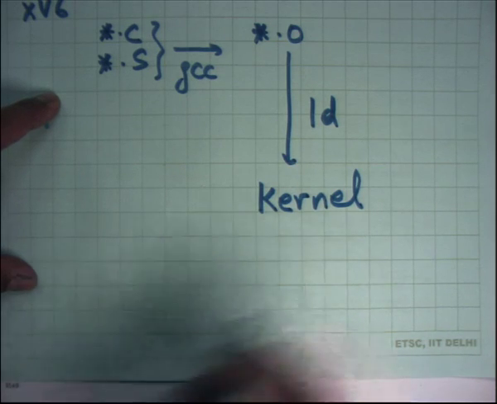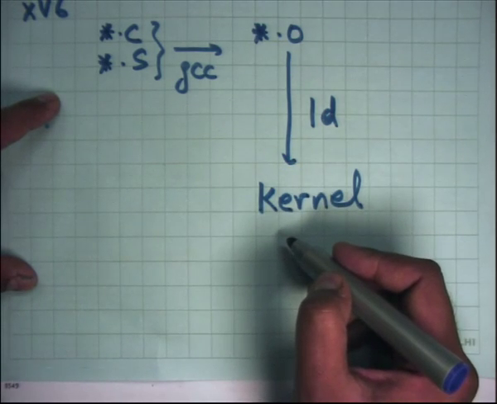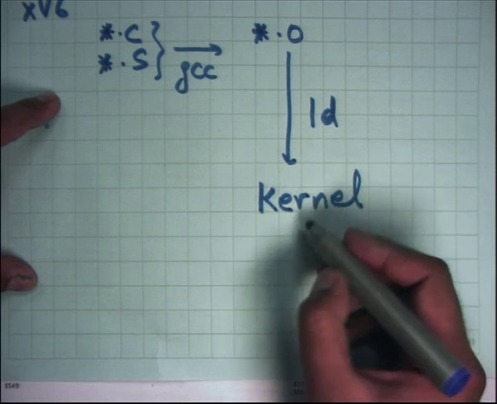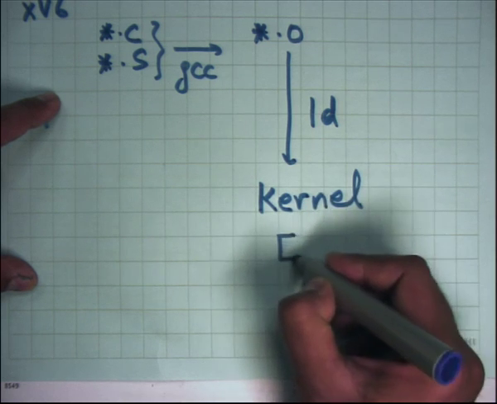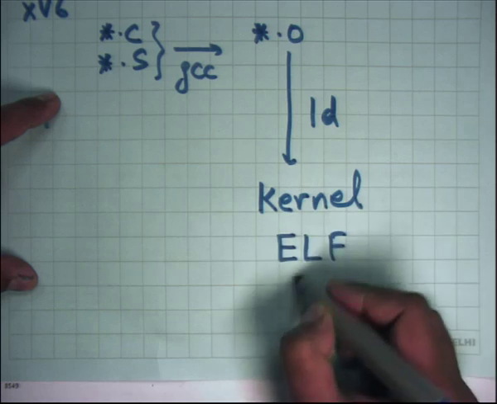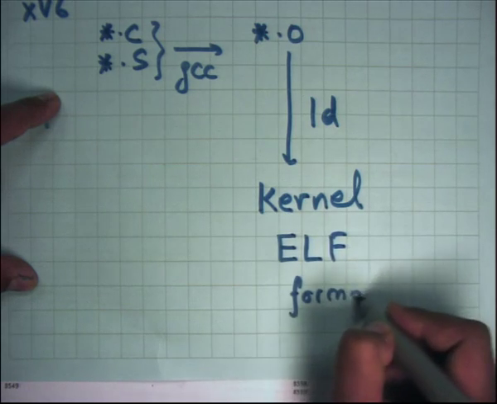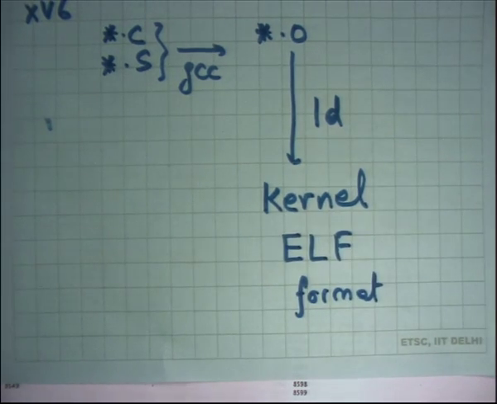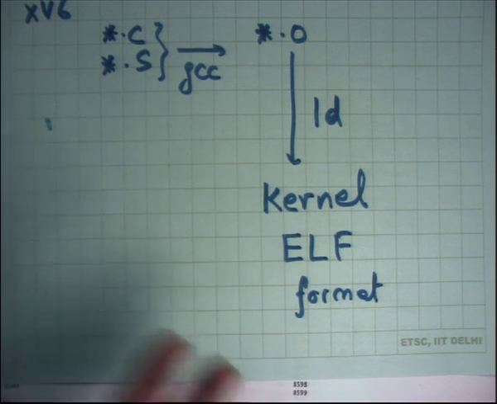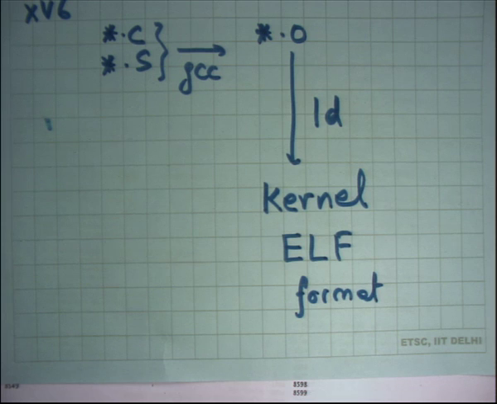This kernel is an executable file in a format called ELF. Even your programs, your a.out files, etc., are also in this format called ELF, and there's a standard format, a specification that this is the format of an executable file.